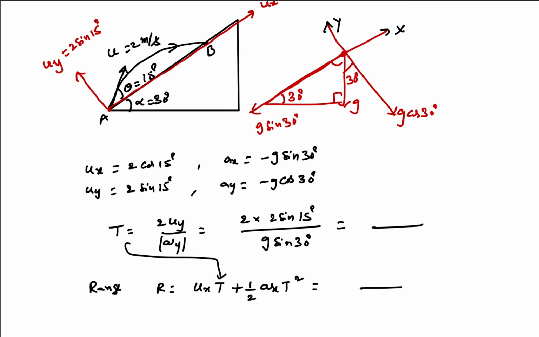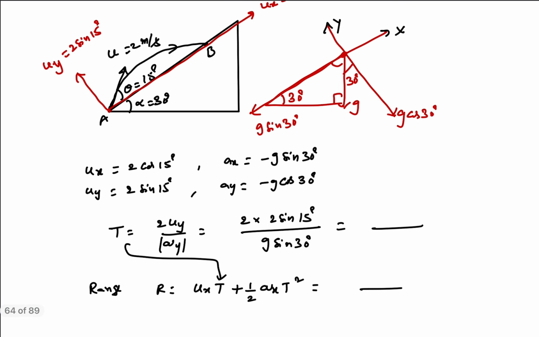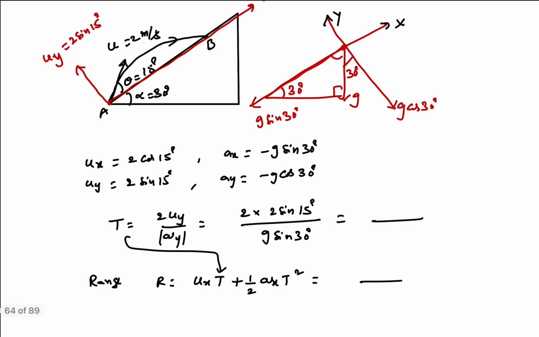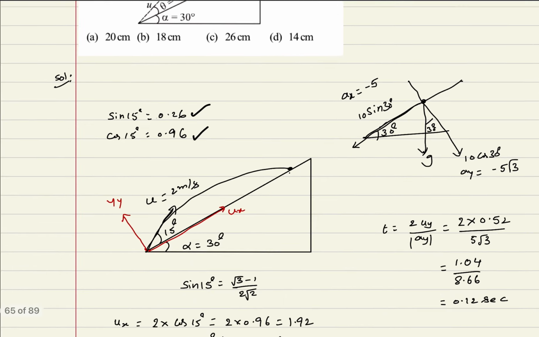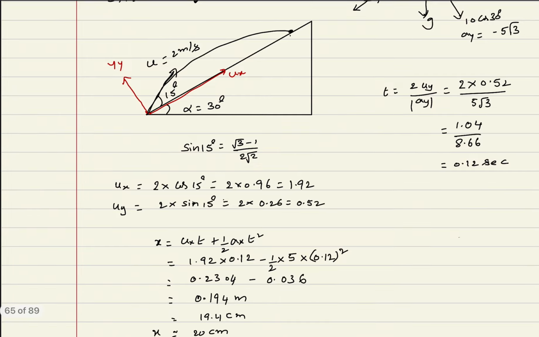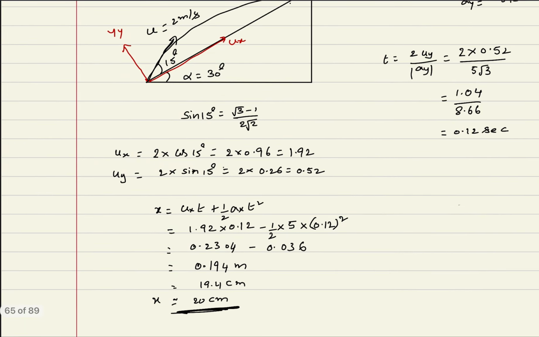Just substitute the t value here. Sine 30 is 0.5, it will come approximately 0.25. I have taken these values, sine 15 is 0.26, cos 15 is 0.96. Using those relations, I got the value as 20 centimeters.